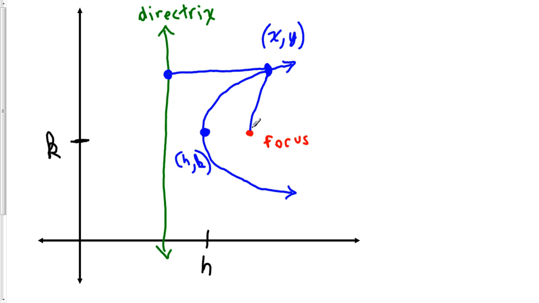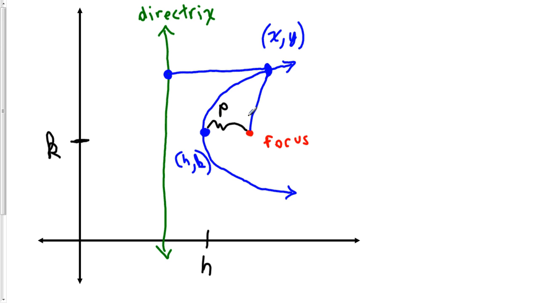What I want to do is talk about finding the focus and the directrix. I already showed you how to derive the formula with a vertical parabola. It's pretty much the same thing with the horizontal parabola. The focus point, the point that is the focus, this distance is still going to be called p, the distance from the vertex to the focus.